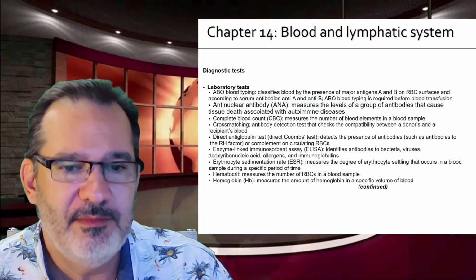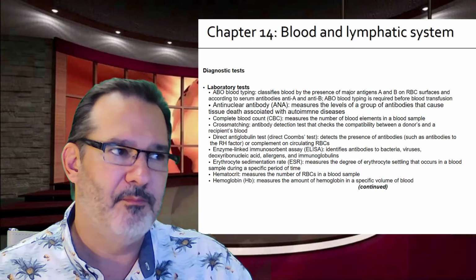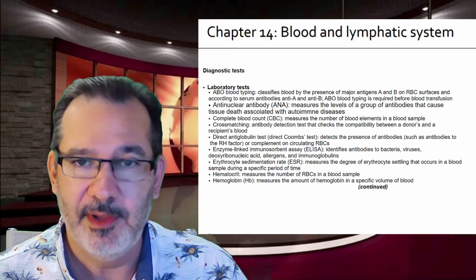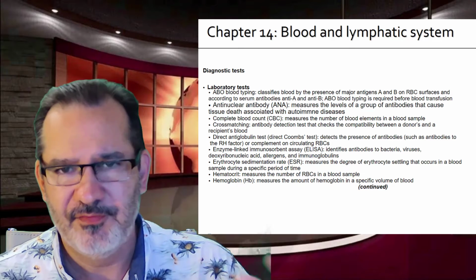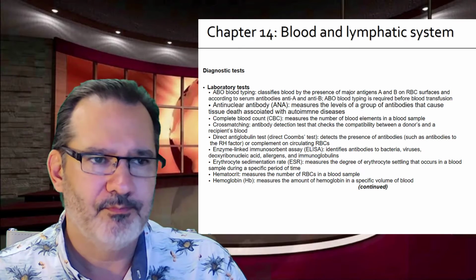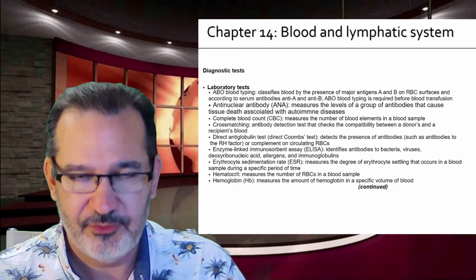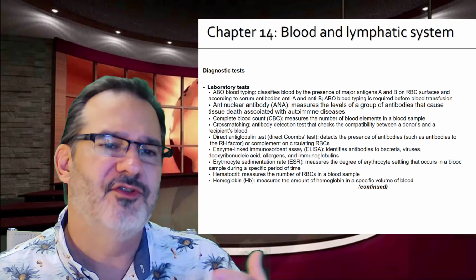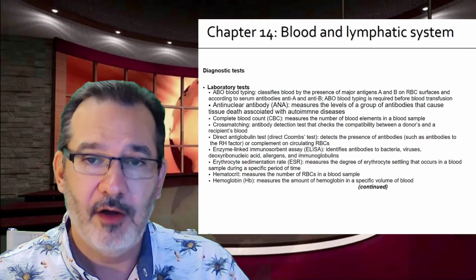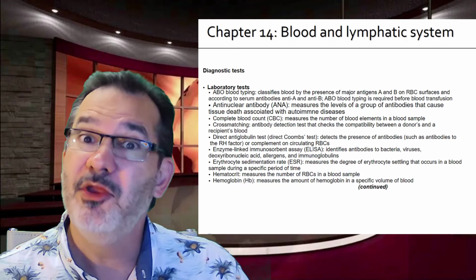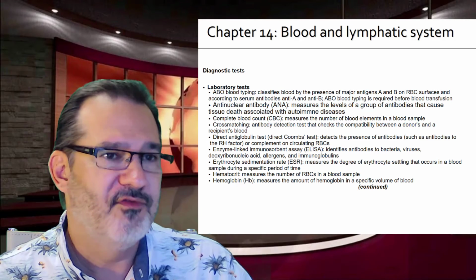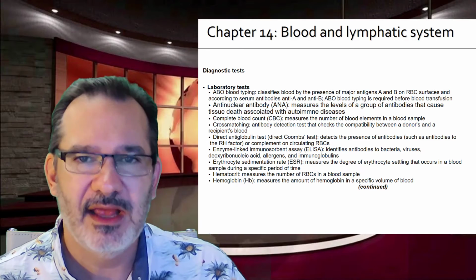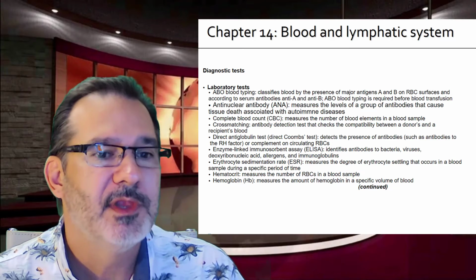So the CBC, because that gives us a breakdown of all the different blood elements, white blood cells, red blood cells, the different component parts of blood cells. A CBC is going to give us this overall general picture, oftentimes, of what our immune system is doing. It can also look for first signs of things like blood cancers, like leukemia.